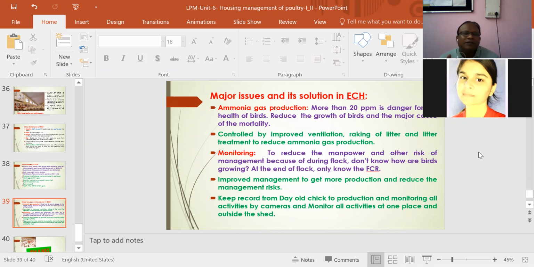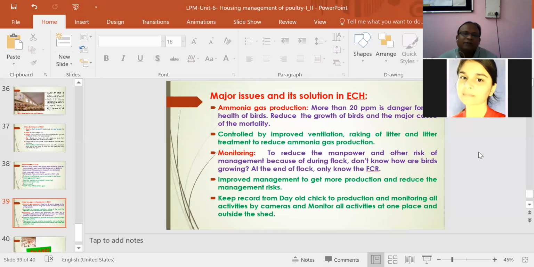You only know when the birds come outside for sale or culling. At that time, you know how much feed they have eaten and how much they have gained. That is FCR. So it is the main problem.